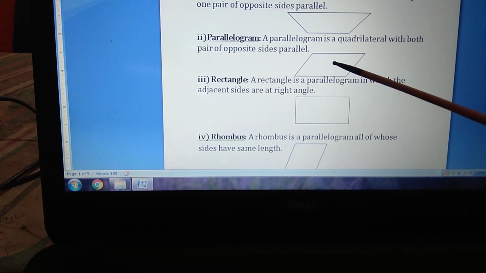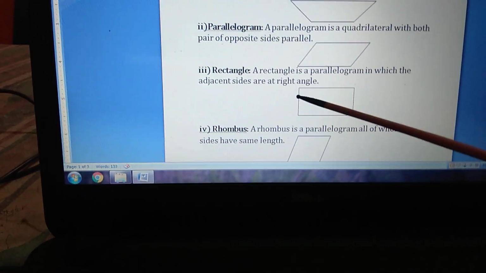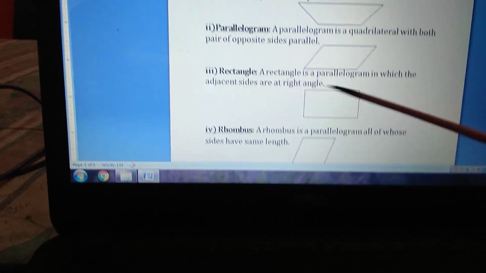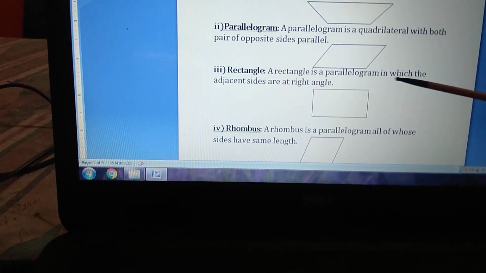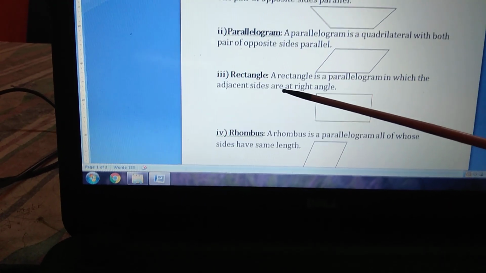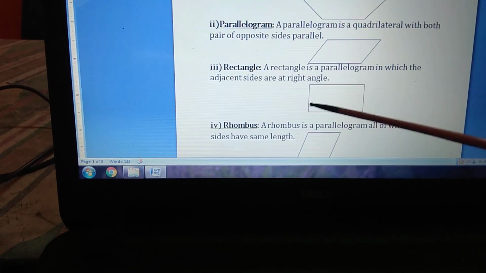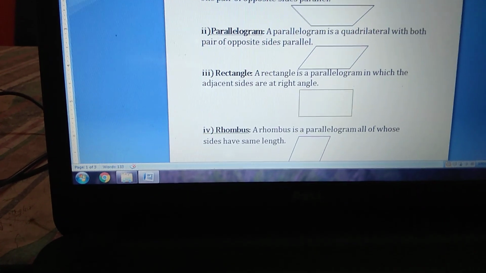This figure and this figure are almost the same, but the difference is that here all the corner angles are 90 degrees. So it is called a rectangle, a parallelogram in which the adjacent sides are at right angle. Between the adjacent sides the angle is 90 degrees.